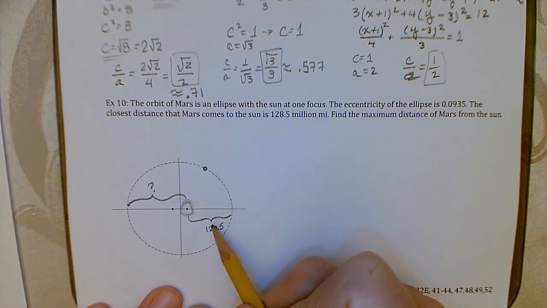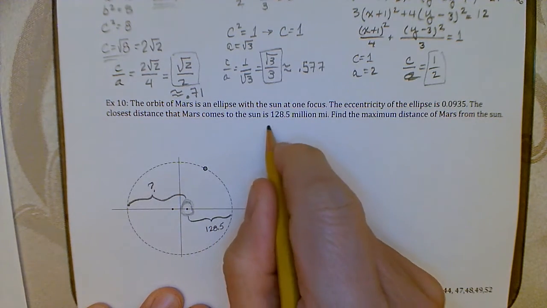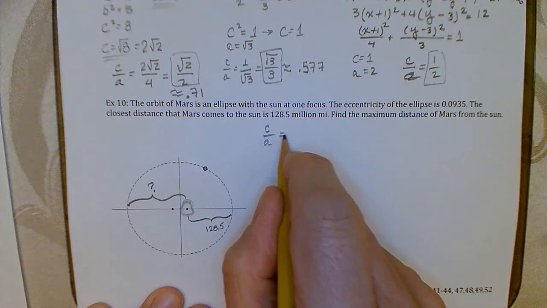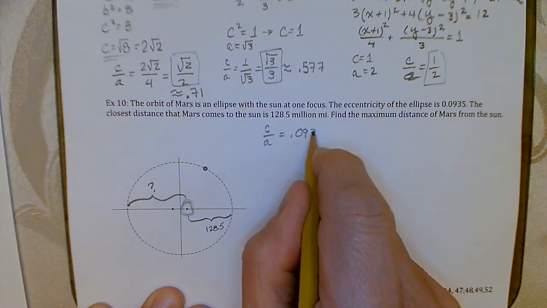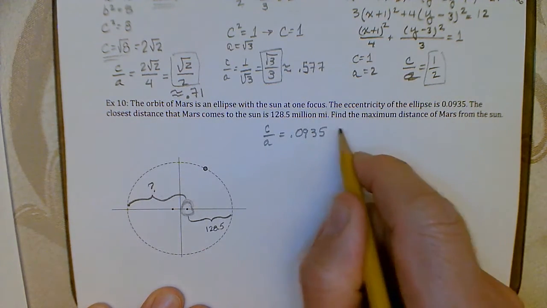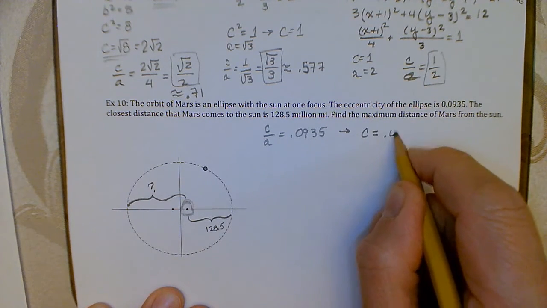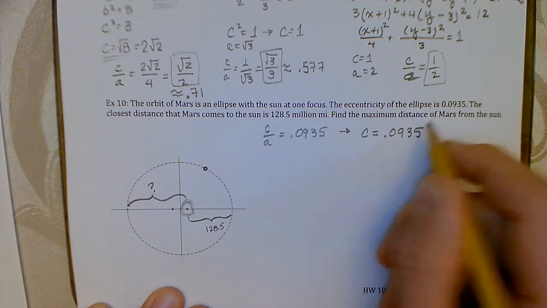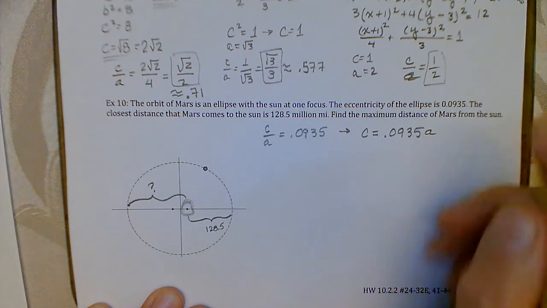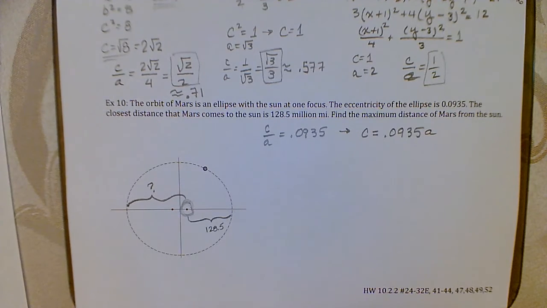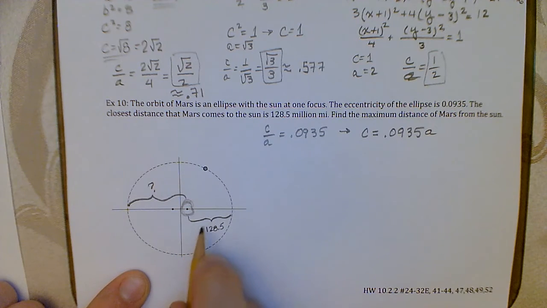Besides this distance that they gave us, they also told us that C over A equals 0.0935. We could rearrange it: C is equal to 0.0935 times A. But we also know that this distance corresponds to what in terms of A's and C's?